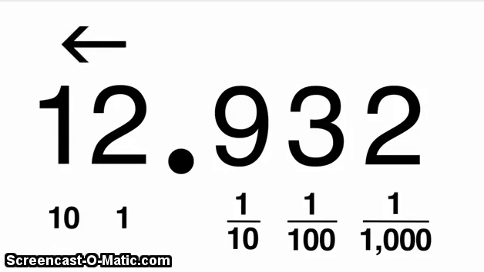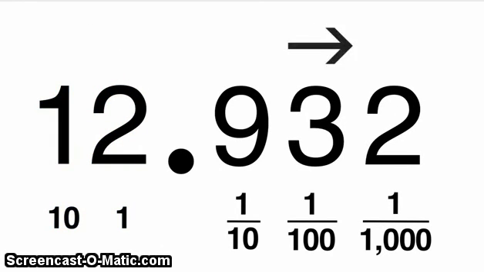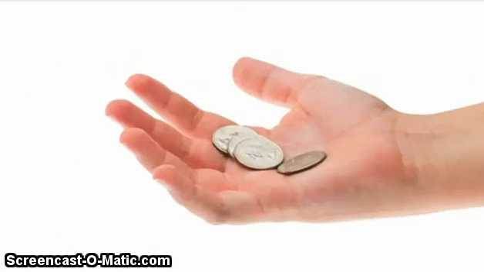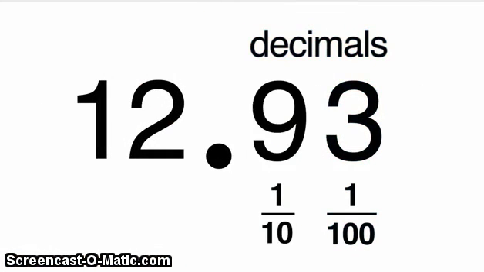If we move to the left of the decimal point, each position is 10 times bigger. If we move to the right, each position is 10 times smaller. When we encounter decimals in everyday life, from money to distance to time, we usually only take into account the tenths and hundredths place values.